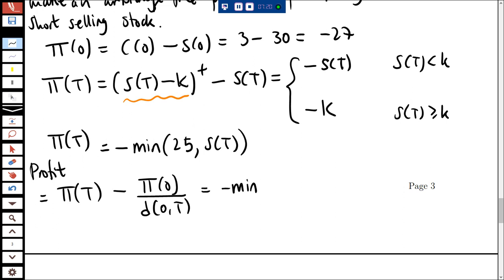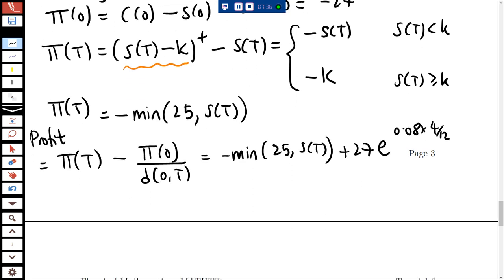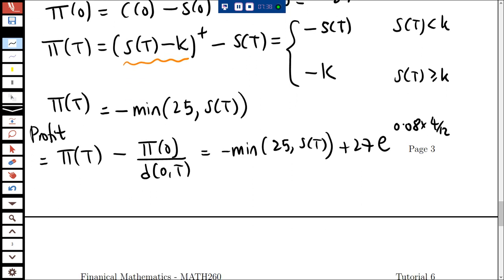So we have minus the minimum of 25 and S_T, plus 27e^(0.08 × 4/12), we're going to compound the initial £27 for 4 months. Okay, and this is going to be 27.729,686. That's the second term.